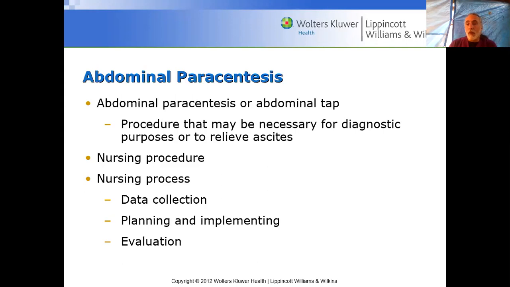So nurses, we assist with this procedure, of course, utilizing our nursing process. Think also about, as we have talked about with paracentesis, what would we be concerned about as far as the amount of fluid being removed?